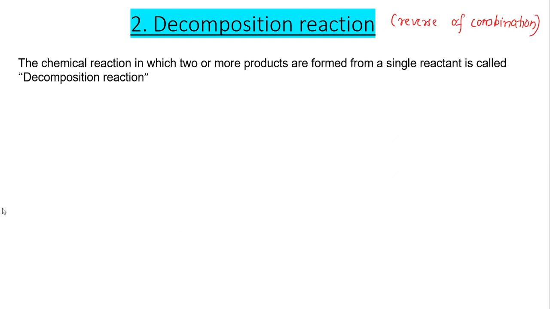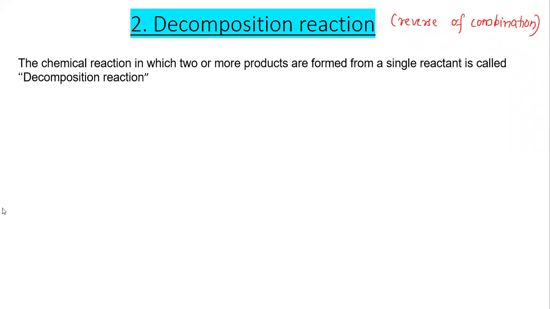Here just opposite. A single reactant will break down to form two or more products. That is called decomposition reaction. As the name indicates, decomposition means splitting. A single reactant will break down to form two or more products. That is called a decomposition reaction.